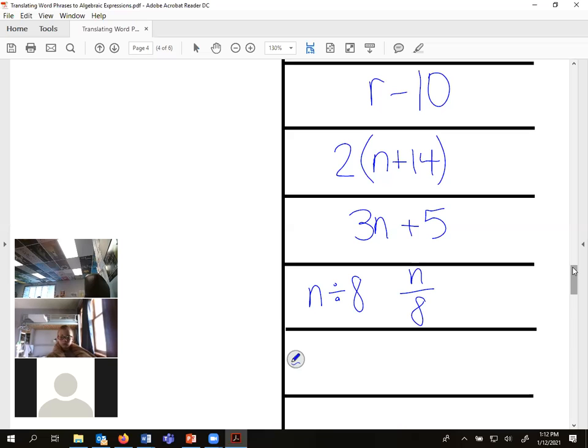Okay, 7 less than a number. This one is tricky. It tricks people. Josie? 7 minus n. Does that show 7 less than something? That shows n less than something.